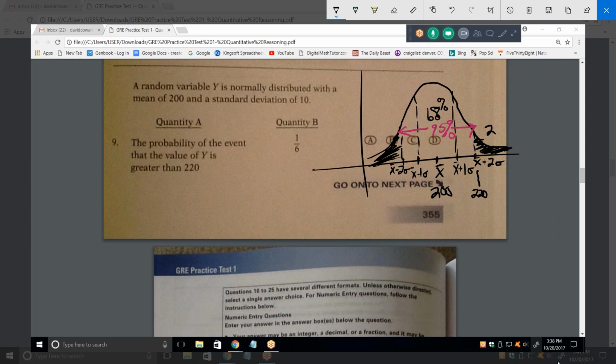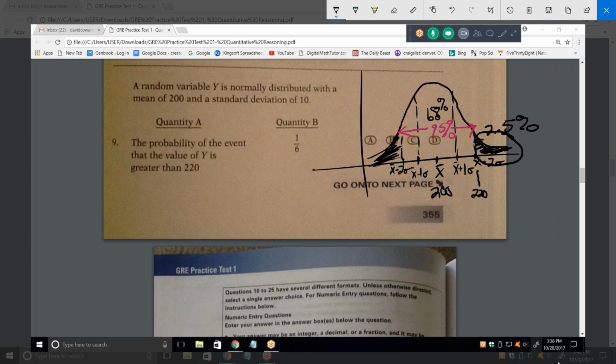So I can estimate and say that that is 2.5% likelihood, on the right side only. The odds of a number coming in greater than 2 standard deviations to the right of the mean is 2.5%.